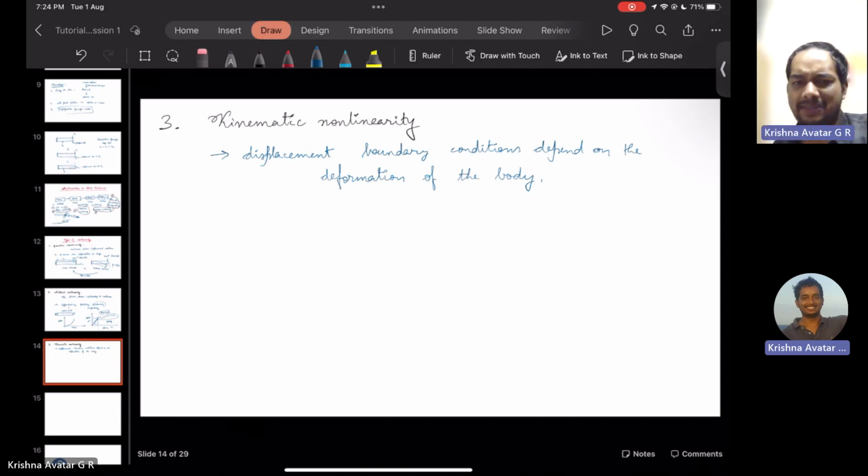Now, tell me some examples of such displacement when the displacement boundary conditions themselves depend on the deformation of the body. Okay, let's have an example. That was discussed in the week's lectures as well. It's what you call contact problems, isn't it?